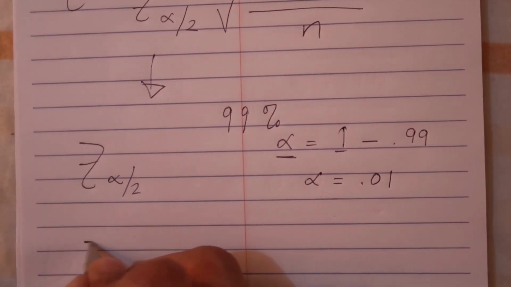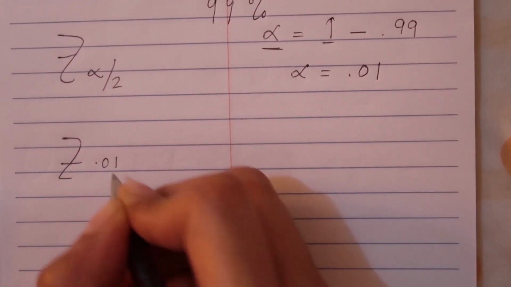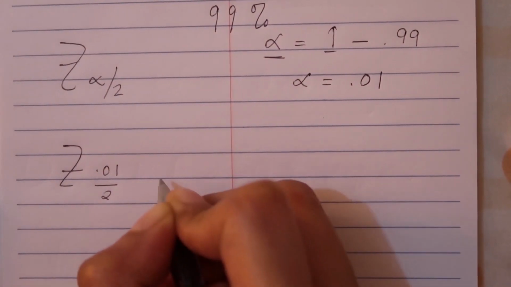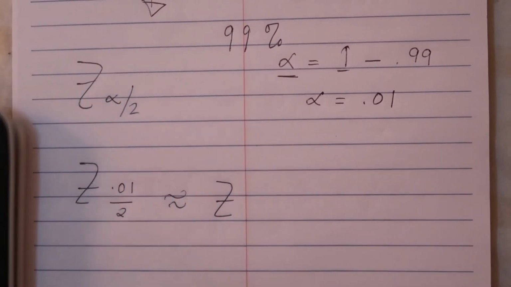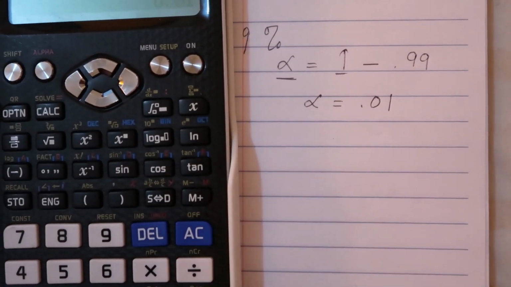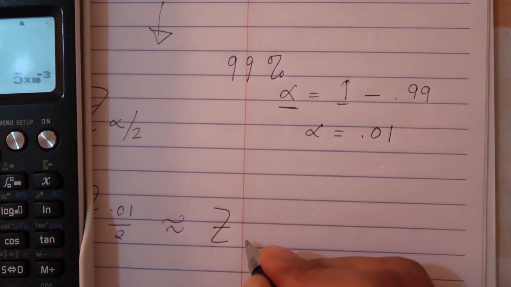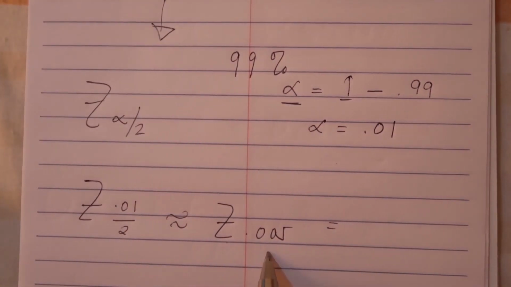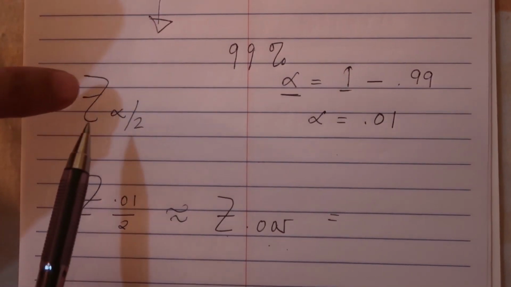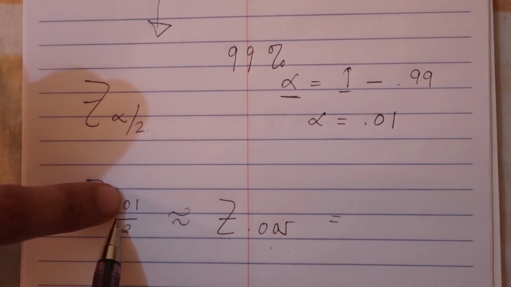So your Z alpha over 2 will become 0.01 divided by 2. So that will become 0.005. Okay, so 0.005. That will be your Z alpha over 2, which is the same as Z 0.01 over 2.